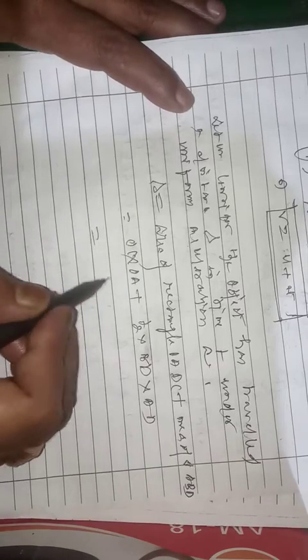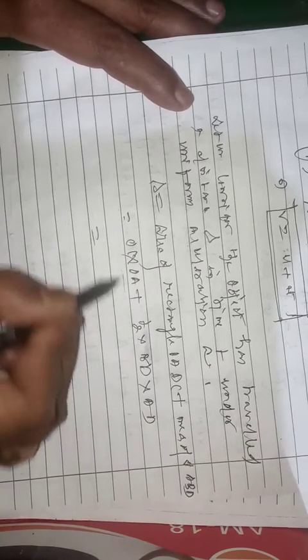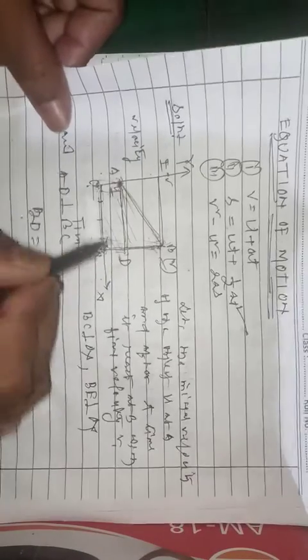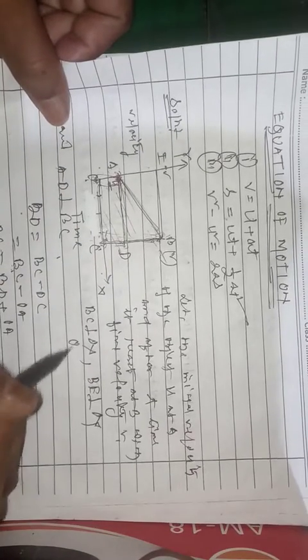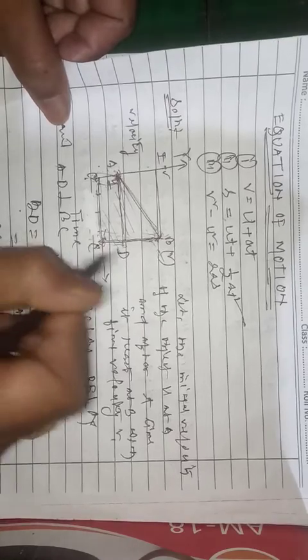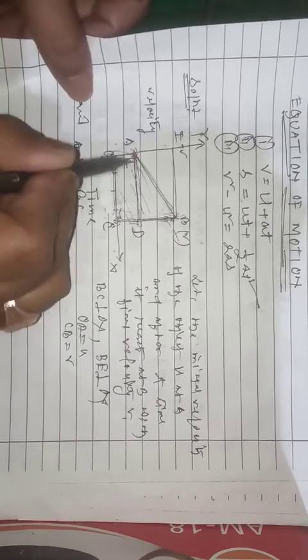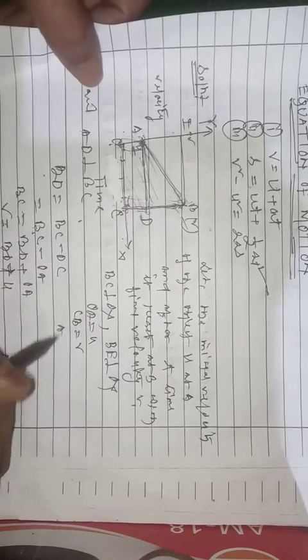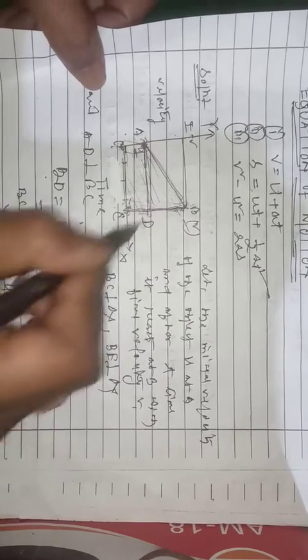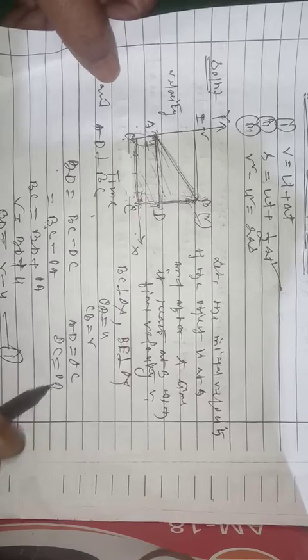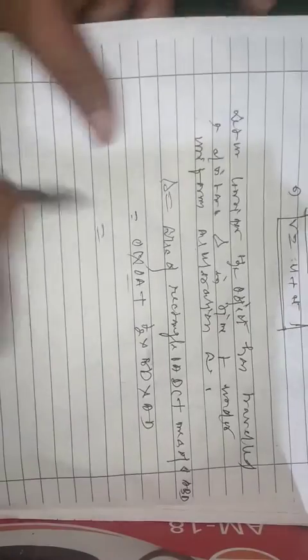Okay. Now OA means we know U. Already we have put here. This OA means U, and this CB means V, and this AD equal to OC, and this DC equal to OA. Now let's substitute the value.